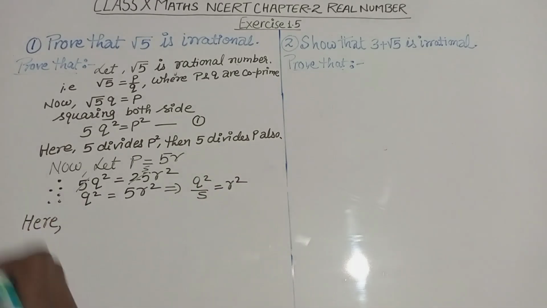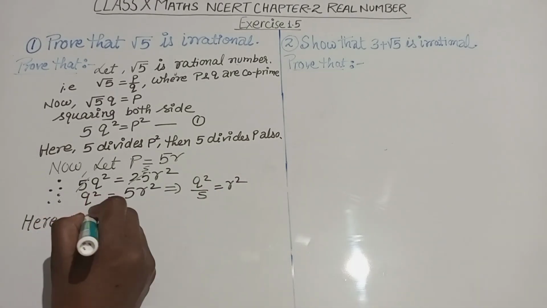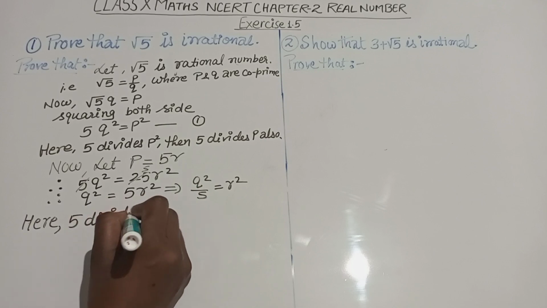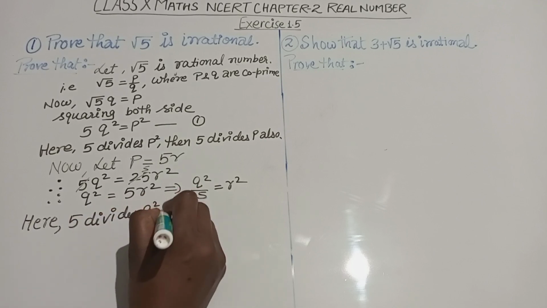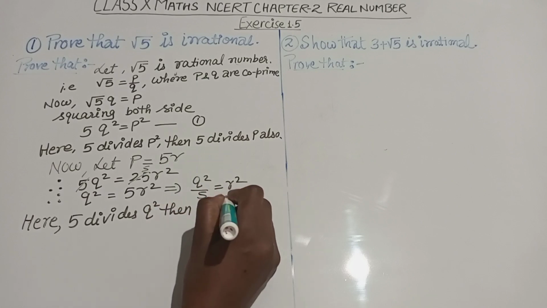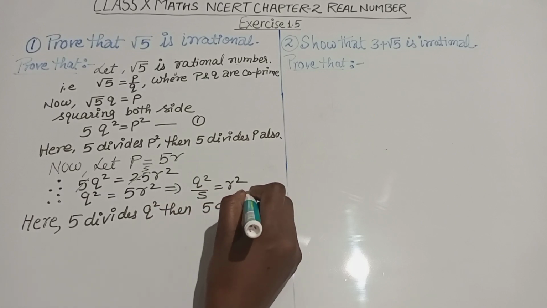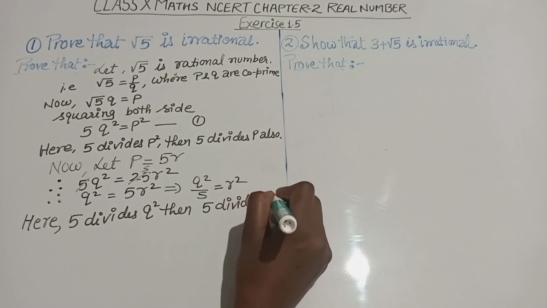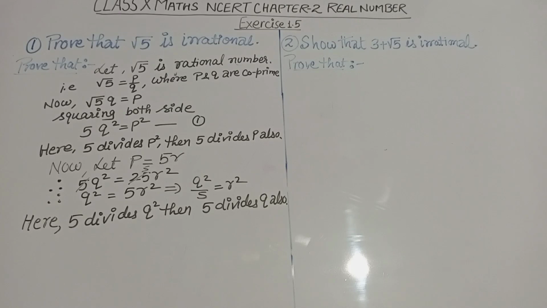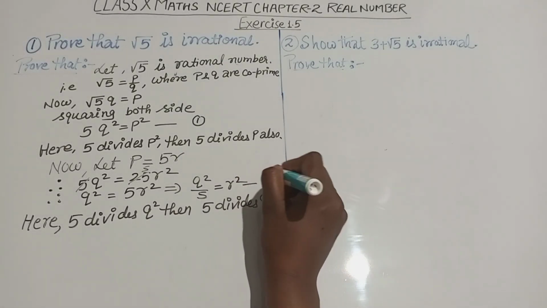Here 5 divides q square, then 5 divides q also. So this is equation 2.